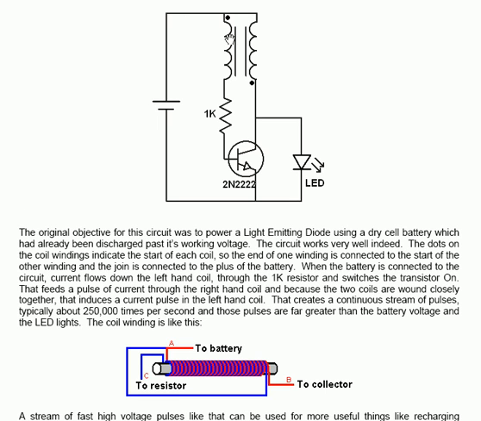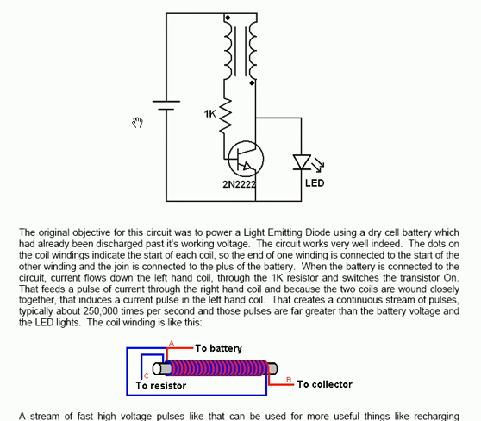The battery voltage can be as low as, say, 0.2 volts, but you could get typically, say, 11 volts coming off the collector. That 11 volts is pulled down by the LED, typically to its operating voltage, which is generally about 3 volts. Depends on the particular LED. But that's a very effective dual-T circuit, which originally was intended just to light an LED using what is effectively a dead and discharged dry battery.